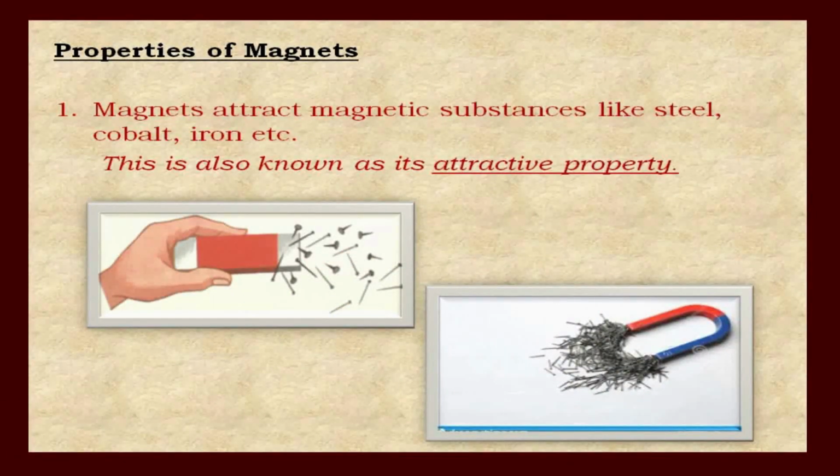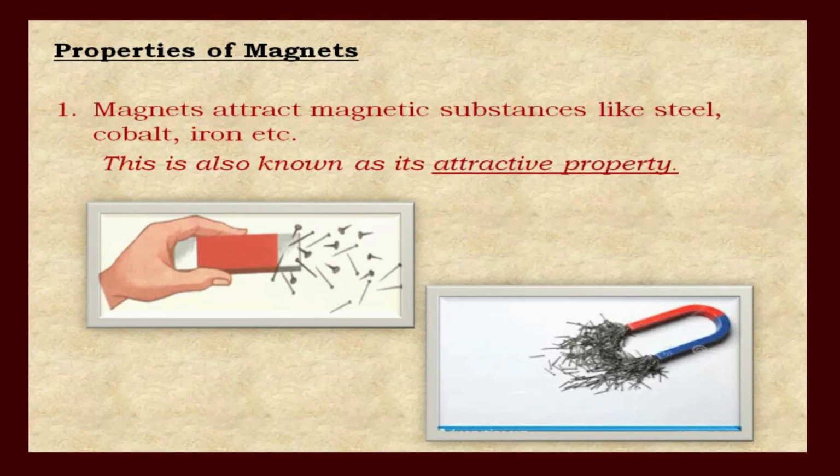So let's take the properties of magnets. First one, magnets attract magnetic substances like steel, cobalt, iron, nickel, and so on. So this is known as the attractive property.